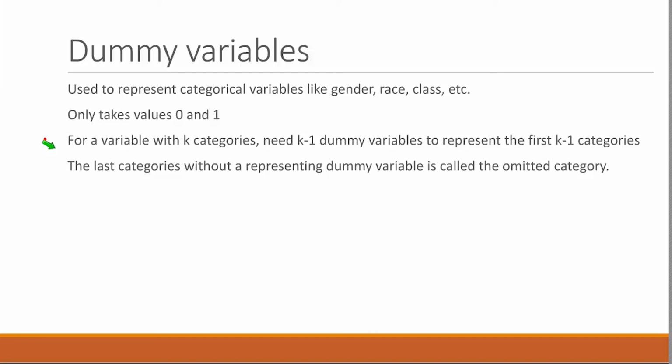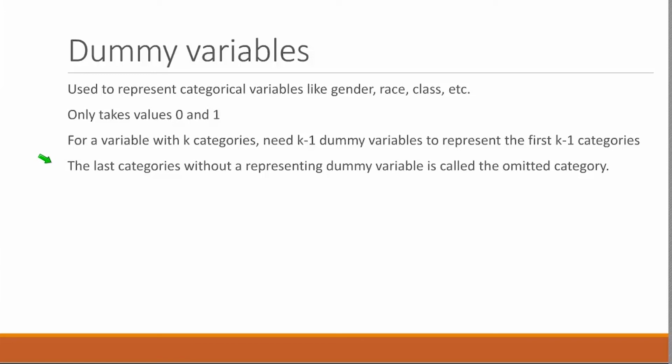So in other words, you don't need 1 dummy variable to represent each category. You always need K-1 dummy variables. Apparently there's 1 category that will not have a dummy variable to represent it. We call that category the omitted category. Okay, I know the theory is kind of hard to understand.